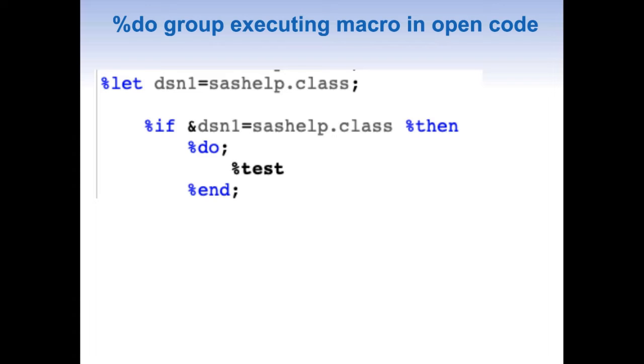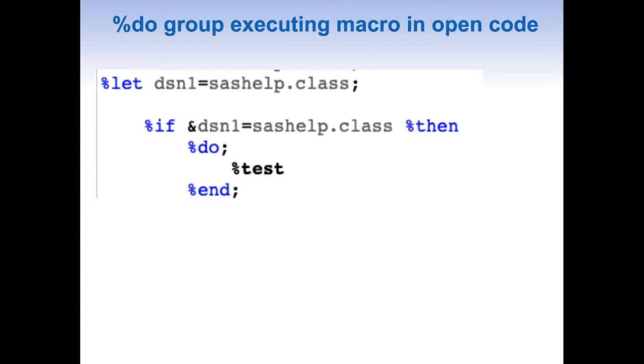And here I want to tell a couple of things. Earlier, whenever we wanted to use %if %then, we had to embed them in the macro, but we are now using %if %then %do, so we can execute a macro conditionally in open code. Another important thing is I have not put any semicolon after the execution, that is after %test.